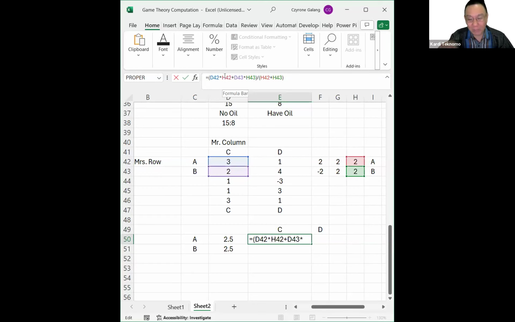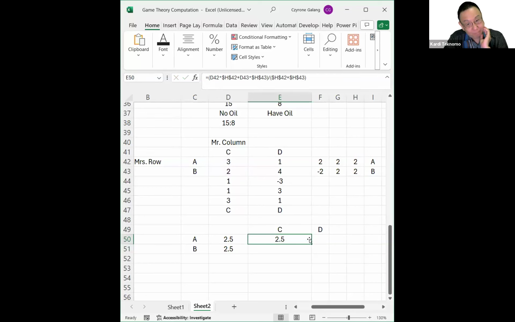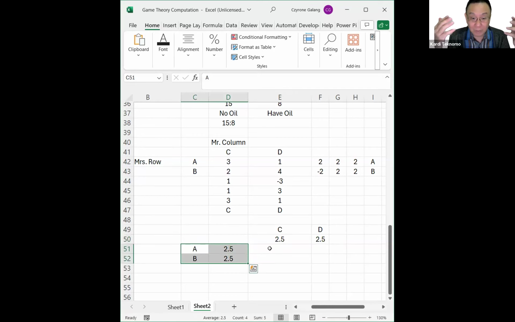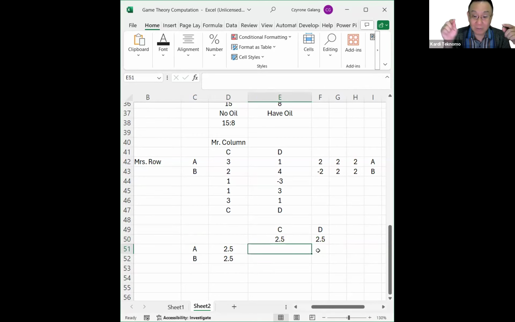Again, now you can also get for D. Yes, okay. So you can see for all the alternatives, when you get the correct art, you will get the exact game value.